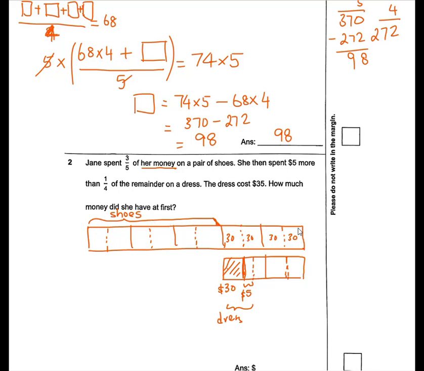Because you had 5 units and divided each unit into 2 parts, 5 times 2, we have 10 units here. So that is the amount of money she had at first. 1 unit is $30, so 10 units will be 30 times 10, which is $300. So the answer is $300.